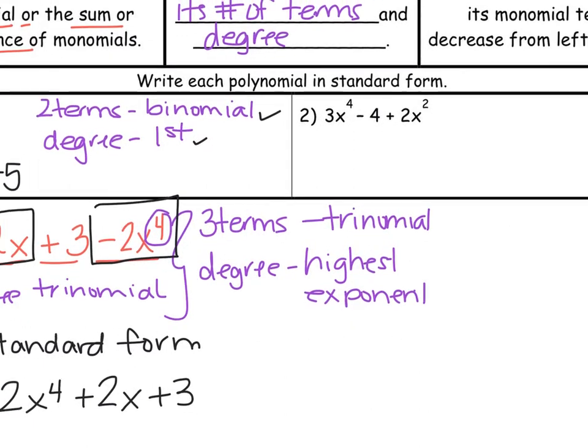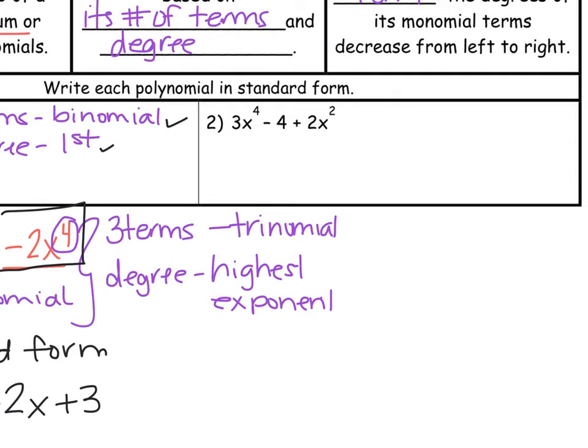Let's take a look at example 2. Example 2, it has 3 terms, so that means it's a trinomial. And when we're looking at the degree, we need to see which exponent is the highest, and this would be a 4th degree trinomial.